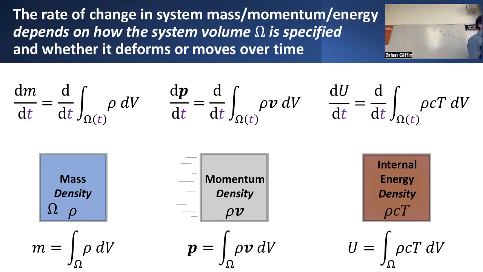Define things in terms of these intensive properties, things like mass density or momentum density that involve rho, the mass density of this chunk of material. And if I wanted to recover the total mass of the system, all I have to do is integrate the density over this volume, or integrate the momentum density over this volume to get the total momentum of that object. But here's the trick.